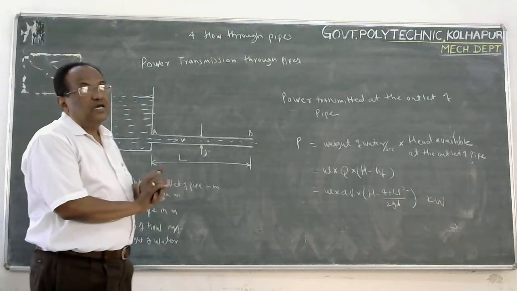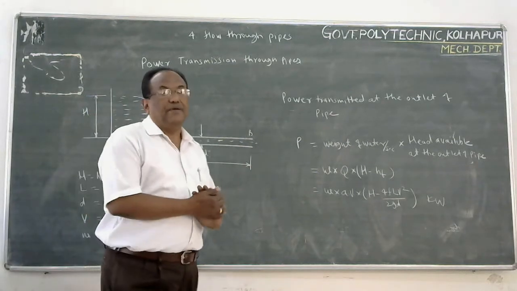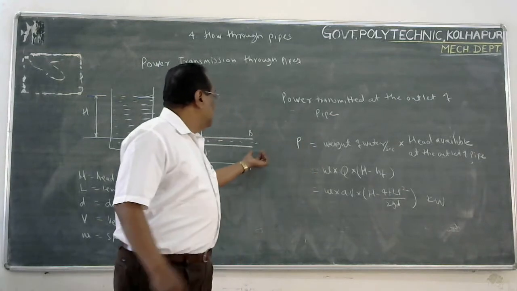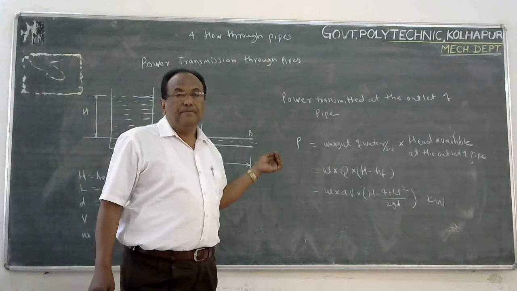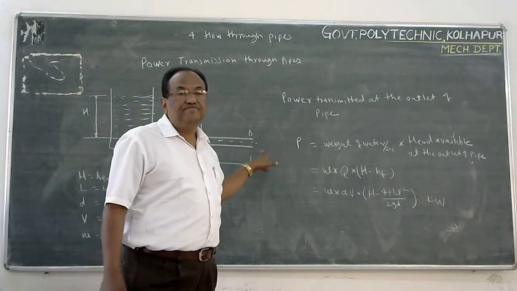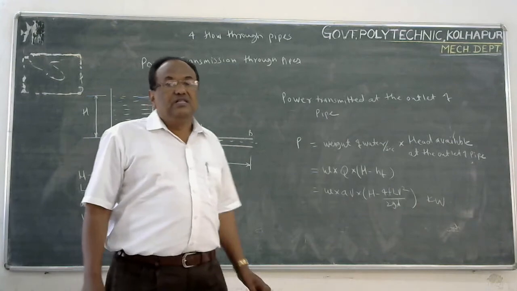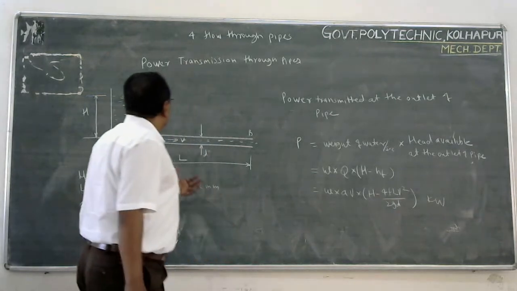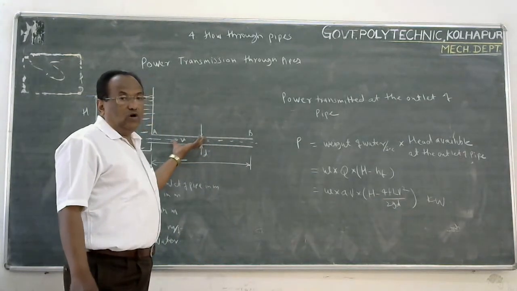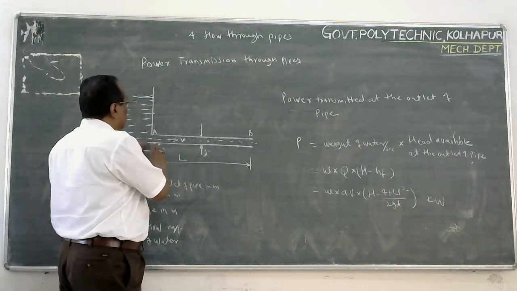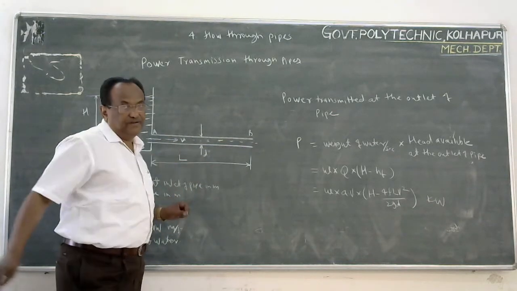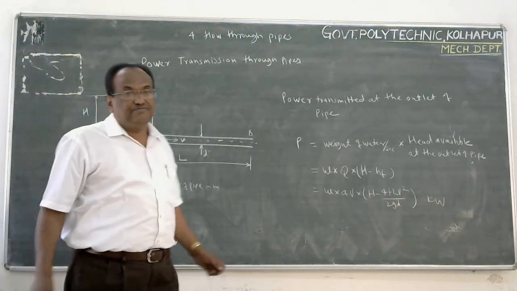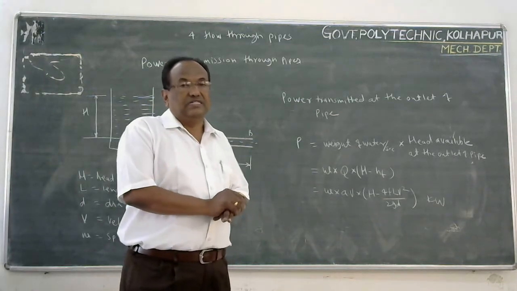Isn't it? The power available at the end of the pipe is given by the formula weight of water flowing per second at the outlet of pipe multiplied by the head available at the outlet of pipe. The head available is calculated by deducting the head loss due to friction when the water travels from this point to this point, neglecting other minor losses like entry loss we have seen in the last lecture.